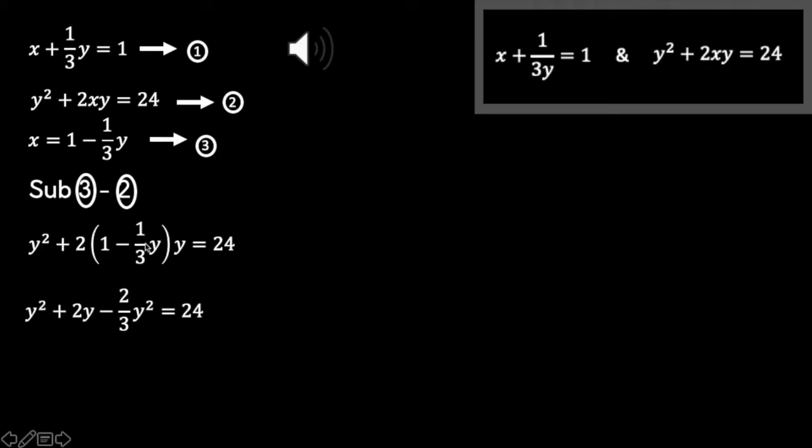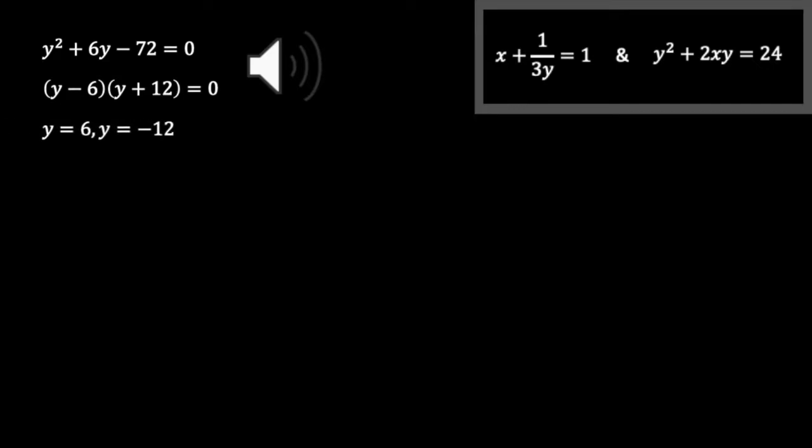And then we have to expand it. After expanding it, we get y squared plus 2y minus 2 over 3y squared equals 24. Then we get 3y squared plus 6y minus 2y squared equals 72.